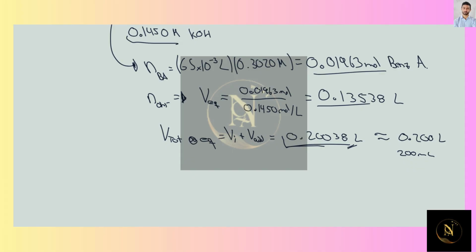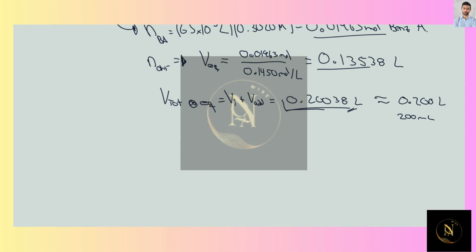So remember that in our ice table, what is going to occur is that our benzoic acid, I'm going to put BH just to exemplify that this is going to be an acid, plus the OH minus is going to produce the benzoate ion plus water.